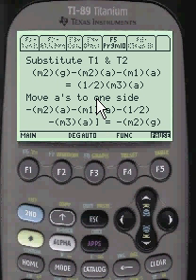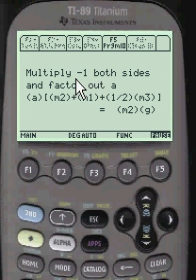We substitute what we found for the formulas for T1 and T2 here. We move A's to one side for algebra. We're trying to isolate this linear acceleration, right? We got minus signs here. We get rid of those by multiplying by -1 on both sides.